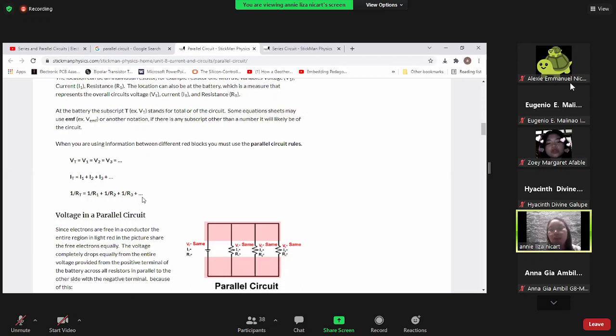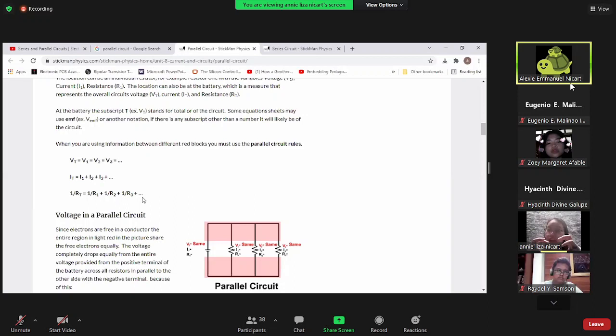Kapag nag-go beyond sa safety limit, yung mga electrons nakikipag-collide doon sa mga atoms ng material. So kapag more yung collisions, it generates heat.